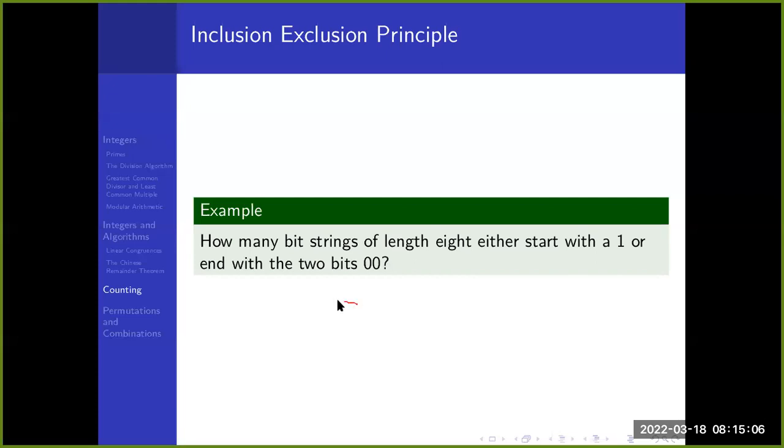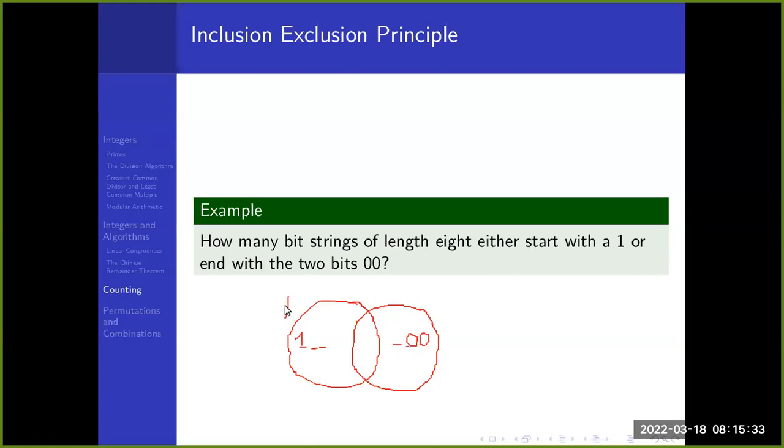We have two sets of bit strings. One set will be the set of bit strings of length 8 which start with a 1. These are the ones that start with a 1 followed by 7 other bits. Then we also have another set of bit strings which end with 2 zeros, right?